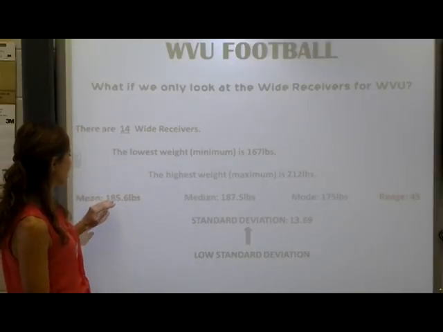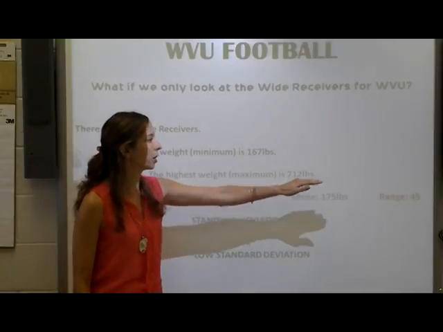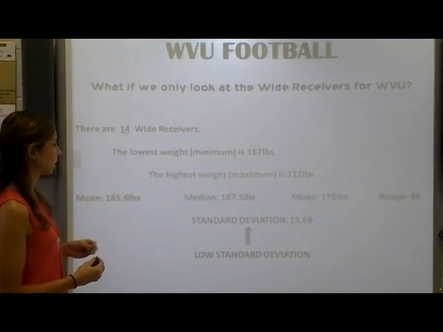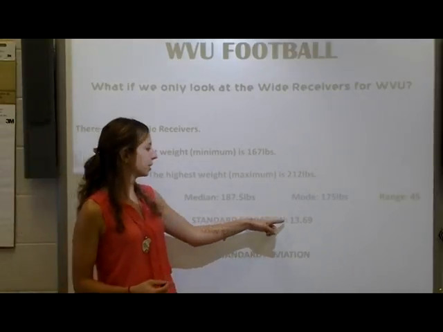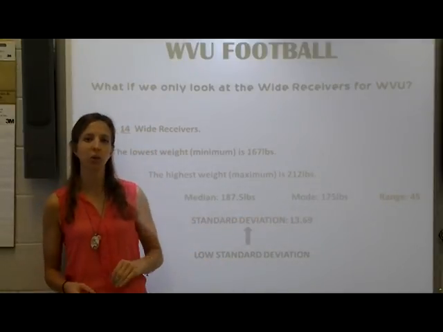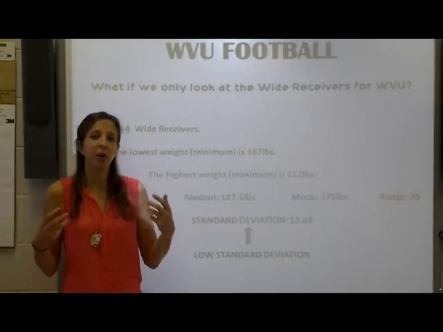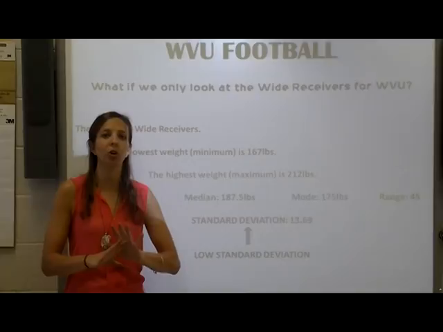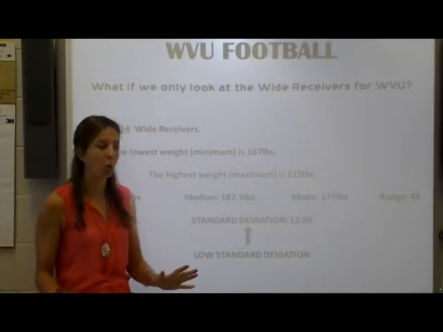Notice how this changes our mean, median, mode, and range. Okay, our answers are a lot closer together. Therefore, our standard deviation is 13.69. That means we have a low standard deviation. The variety of the weights is a lot closer together than when we looked at the entire football team as a whole.